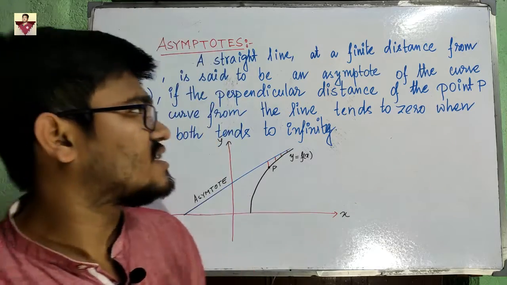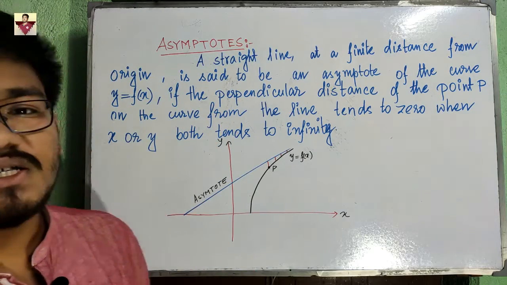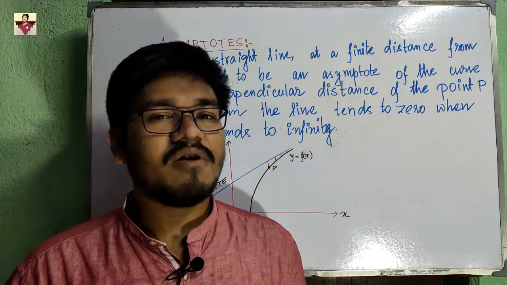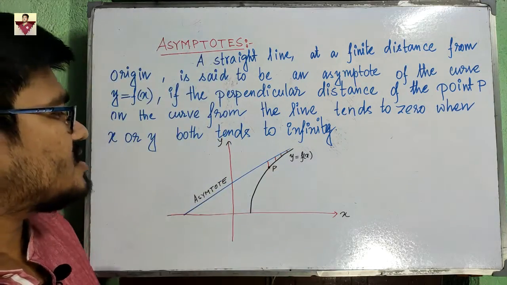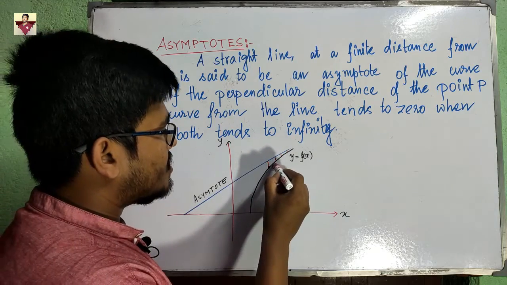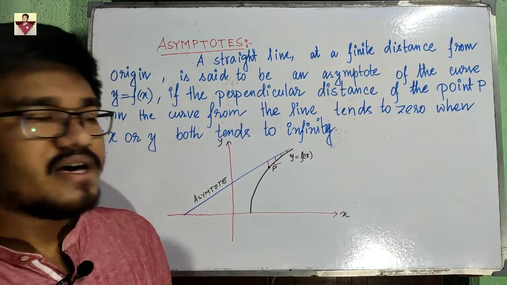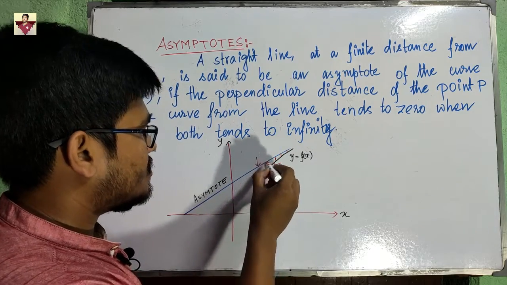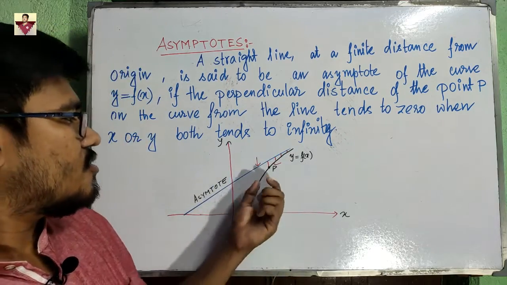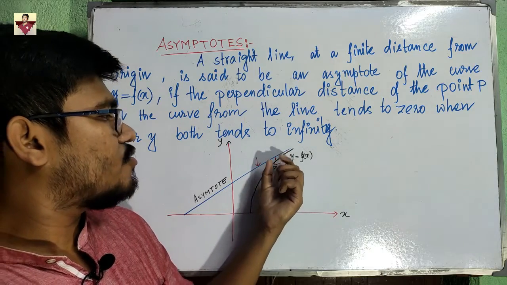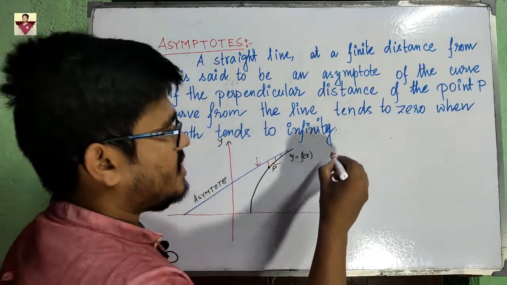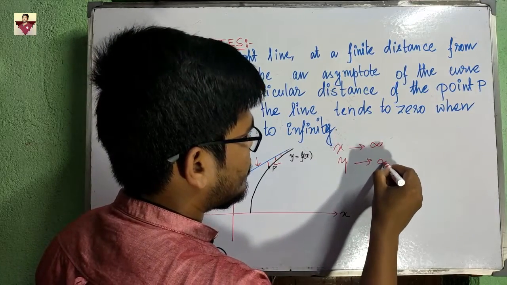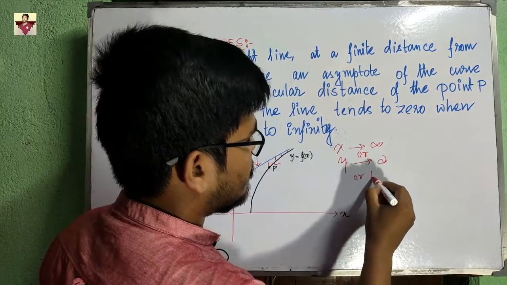So an asymptote is nothing but a straight line. A straight line will be called an asymptote of a given function if and only if, if we have a point P on the curve y equal to f(x), and we draw a perpendicular from P on a certain straight line, say this is a straight line. So if this perpendicular distance goes on decreasing when x tends to infinity, y tends to infinity, or both.